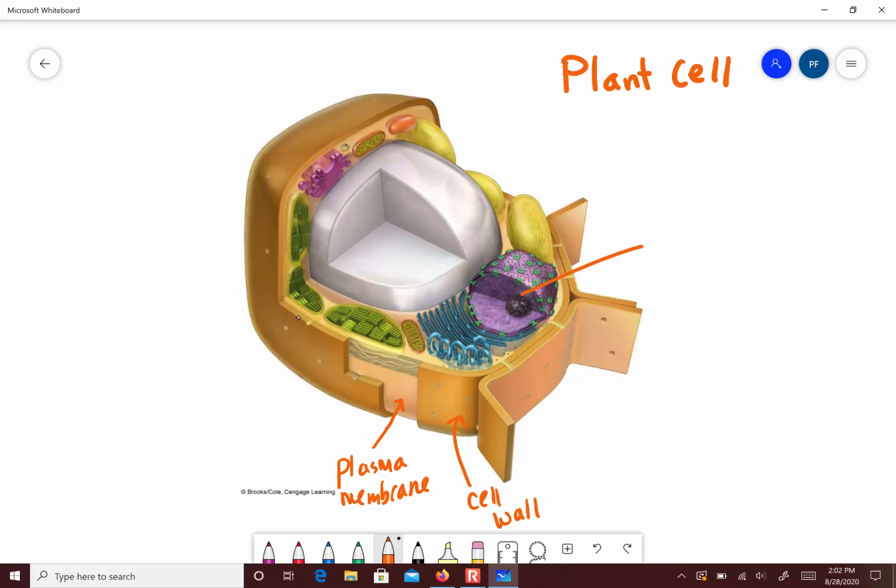Hey, we have a nucleus, right? Feature of eukaryotic cells. Eukaryotic cells have a nucleus. Rough ER. So we saw that with the animal cell. Hey, there's a Golgi complex up here.